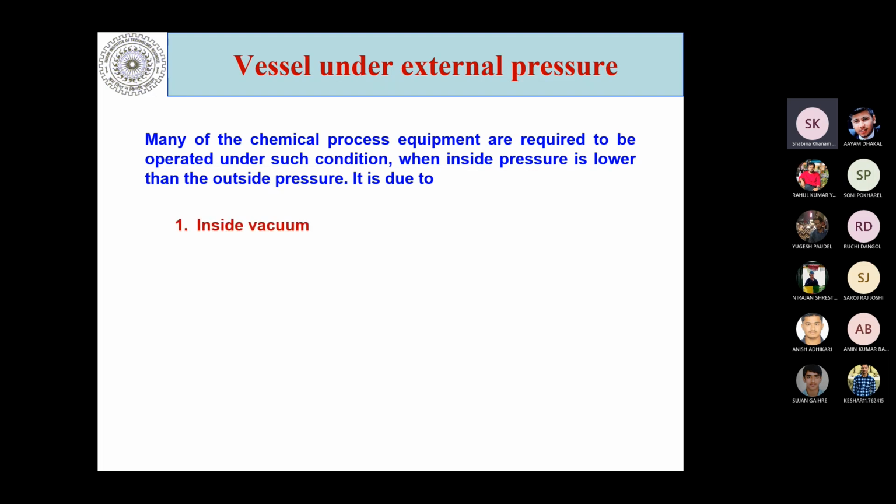Why is it so? Because we are operating at vacuum. If inside the vessel vacuum pressure is there, and outside we have atmospheric pressure, of course outside pressure is more than the inside pressure, so it falls in the category of external pressure. However, the operating pressure or the design pressure we consider is of the column only.